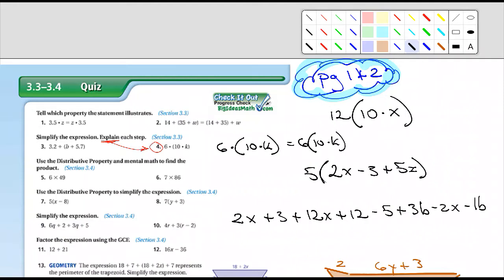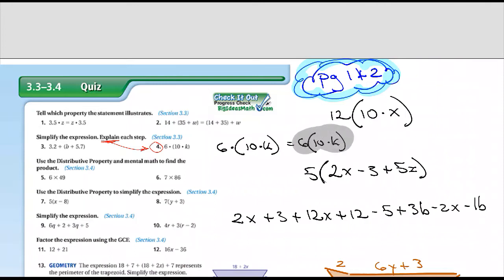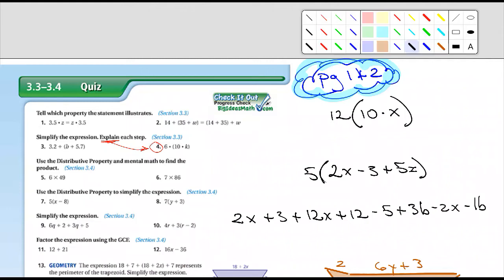Just remember that when you have a number next to the parentheses, it does mean multiplication. If you were to simplify these expressions, let me do one that's pretty close to what number 4 is. For this example, it's not addition, it's multiplication, so I need to do what's in the parentheses first.